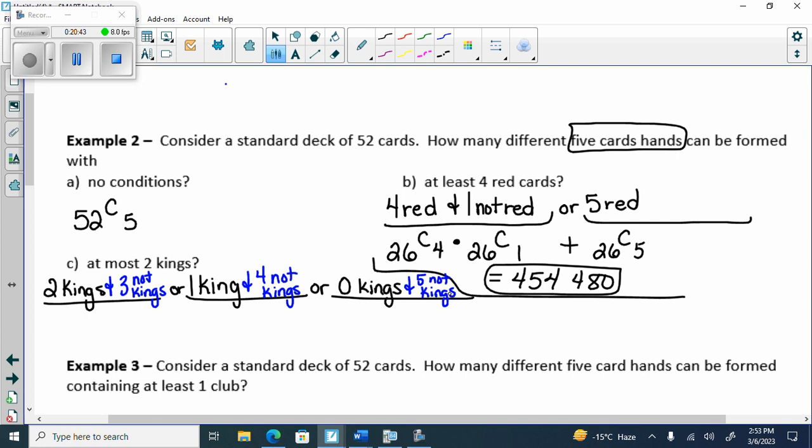How many kings do we have to choose from? 4. If we have 4 kings, how many are not kings in the deck of 52? 48, because it's just 52 minus the 4, right?